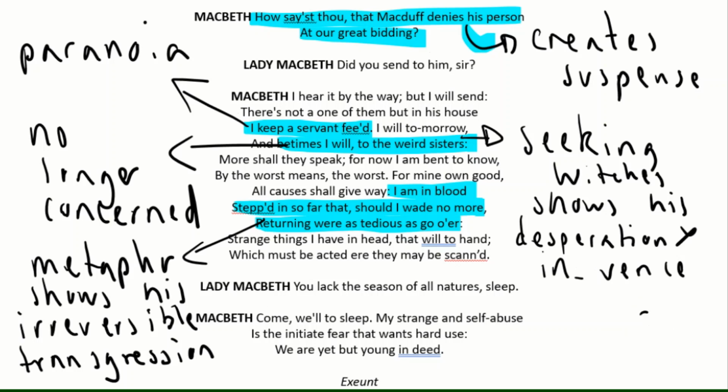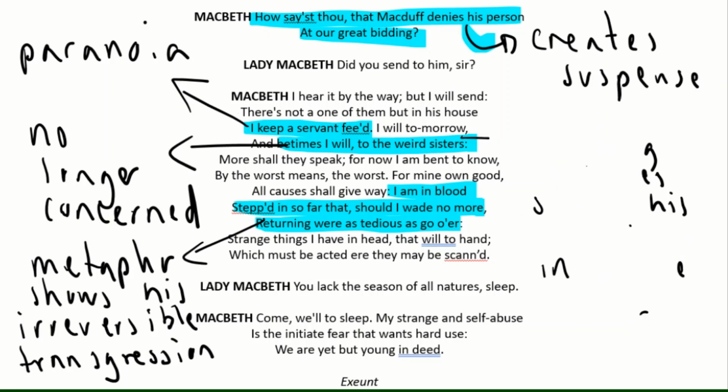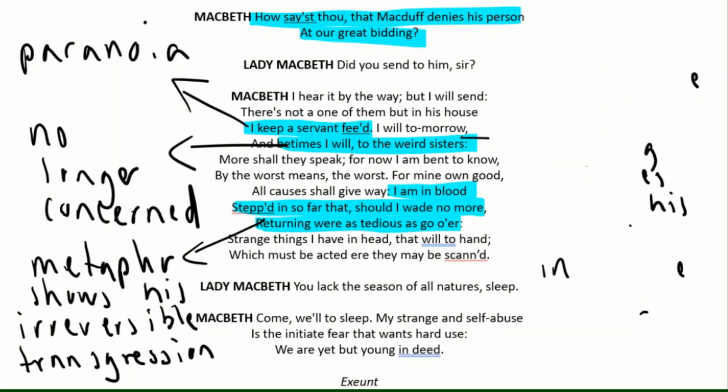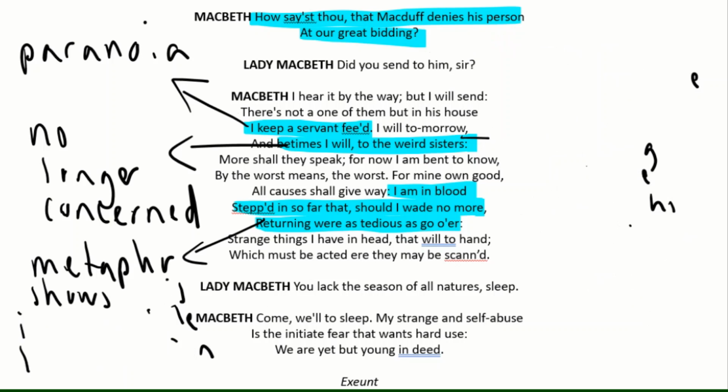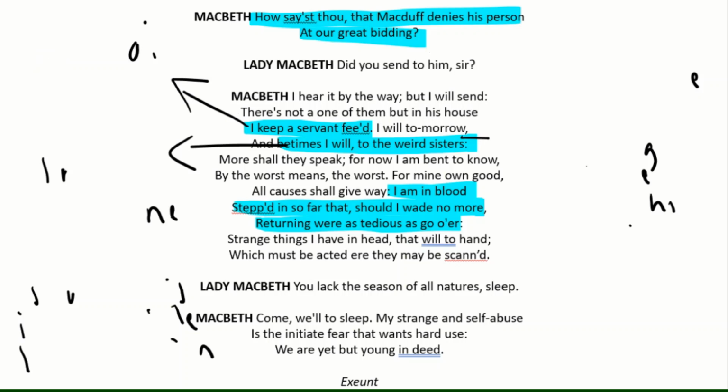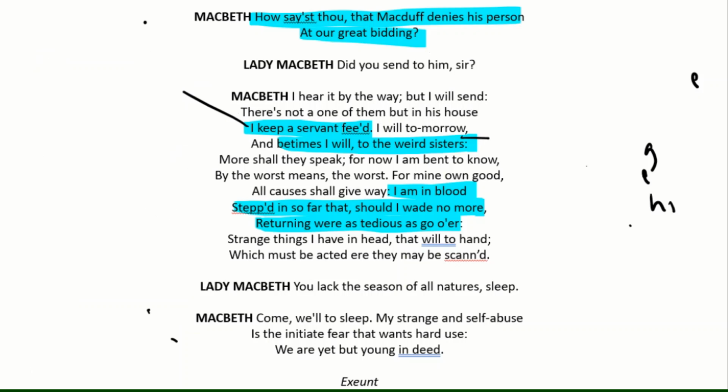Okay, I'm just going to rub some of this stuff out so we have a bit more room. Okay, I'm just going to get these last few lines annotated. He says that he must act upon the things that he has in his mind.